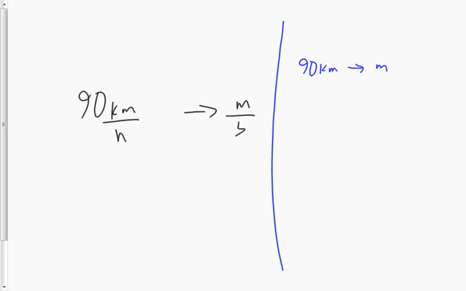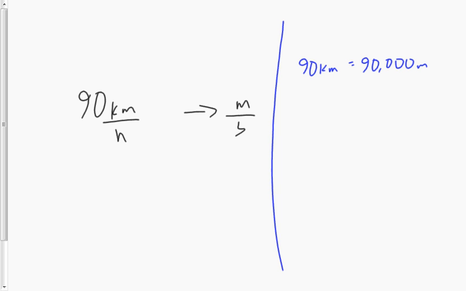How many meters in 90 kilometers? How do you figure that out? That's not a crazy hard calculation, right? You guys all know this. How do you convert 90 kilometers to meters? Yep. Times by 1,000. So 90 kilometers equals 90,000 meters. Everybody agree with that? Nothing crazy hard about that, right?